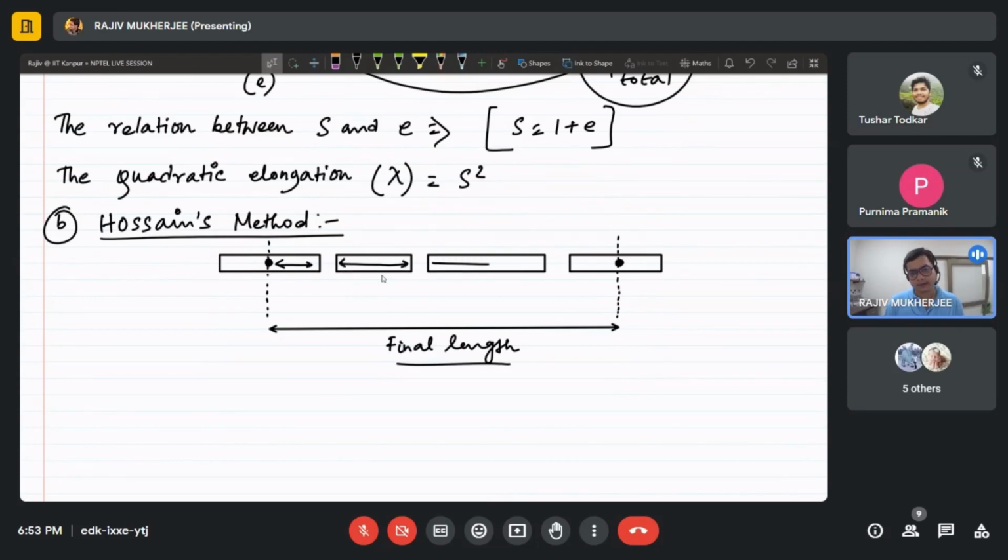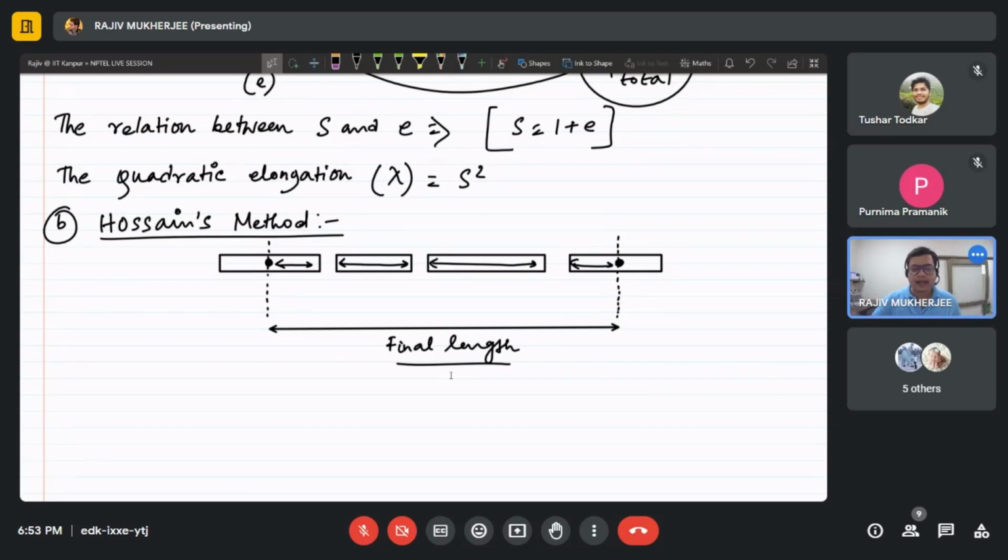And eventually the half length of the end fragments. So you take the half lengths of the end fragments, and whatever fragments come in between those two parts, you take them full. So this is the method applied by Hossain, and it is quite a bit more accurate than the Ramsay method, because it cuts off the half parts of the end fragments.